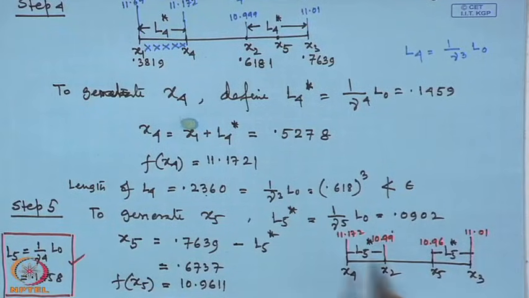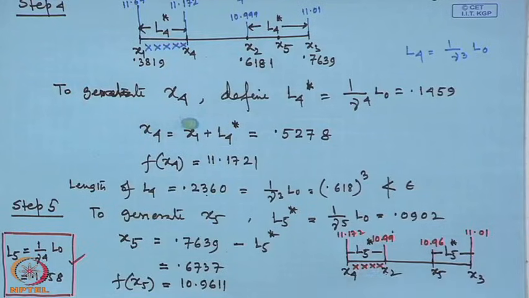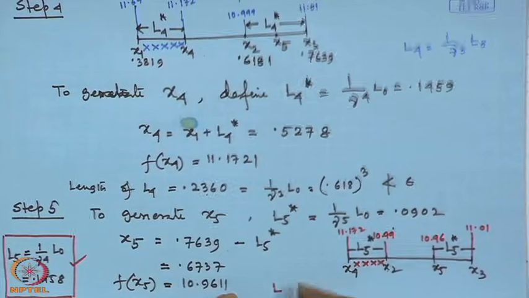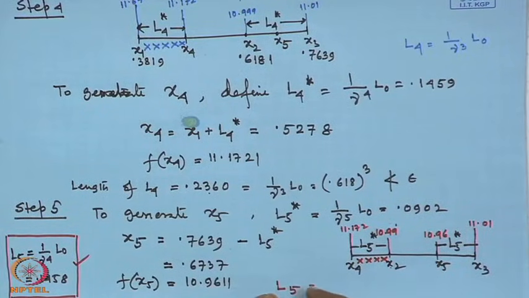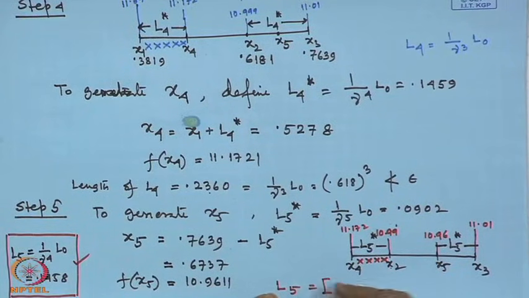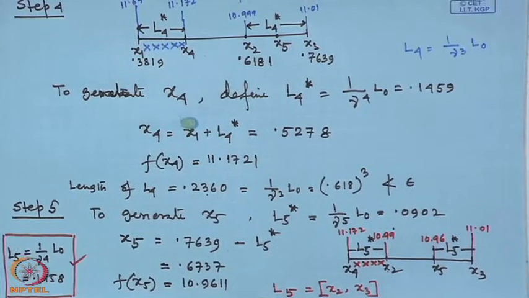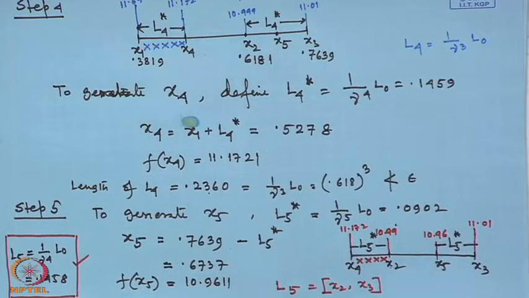What we see is that f(x5) is less than f(x2), that is why we will discard this interval, since the problem is a minimization problem, and we will declare the final interval of uncertainty L5 as from x2 to x3, and this length is 0.1458, and this is the whole process of the golden section method.